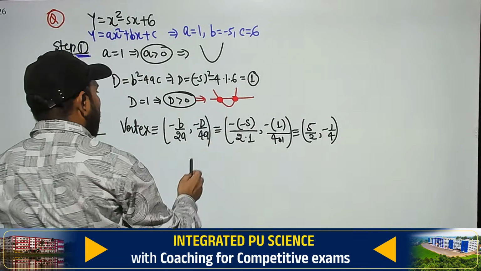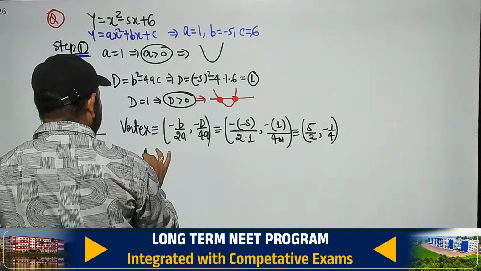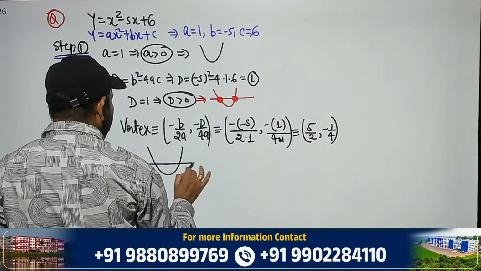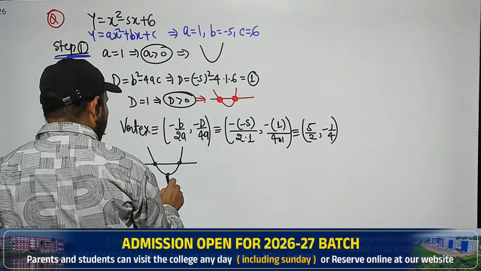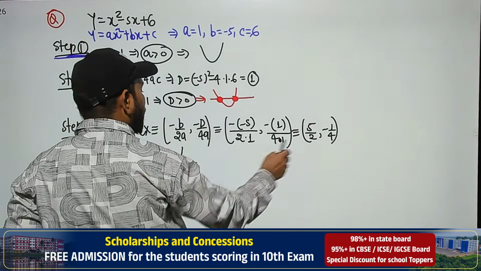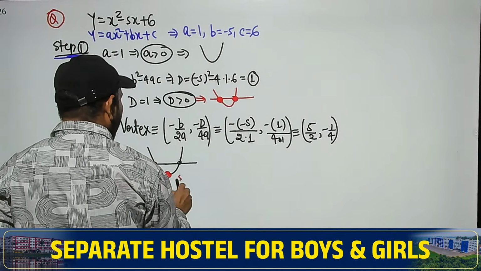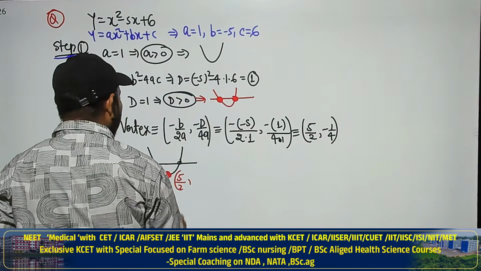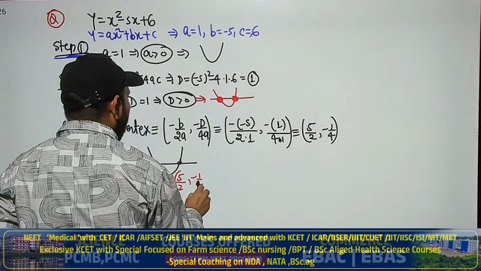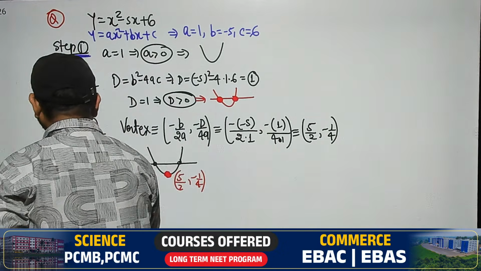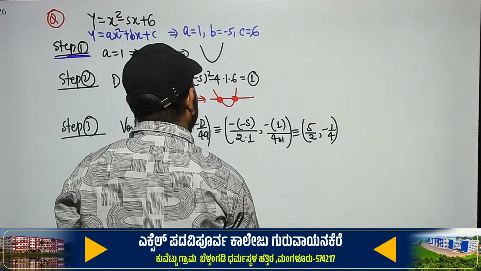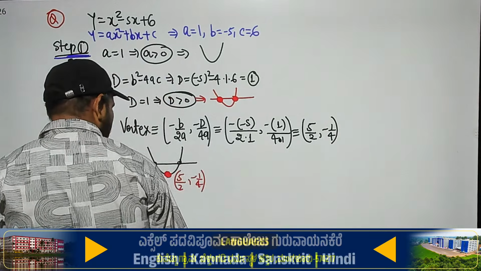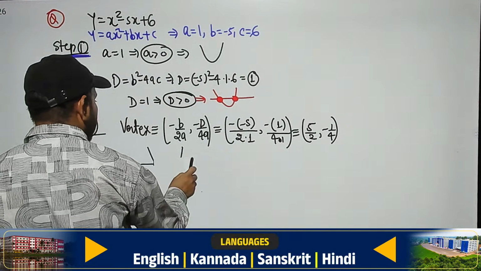This means our graph is coming like this, and apart from this, now I know the vertex. The coordinate is 5 by 2, comma, minus 1 by 4. Next step, step number 4. I should write here so that I can save the space.